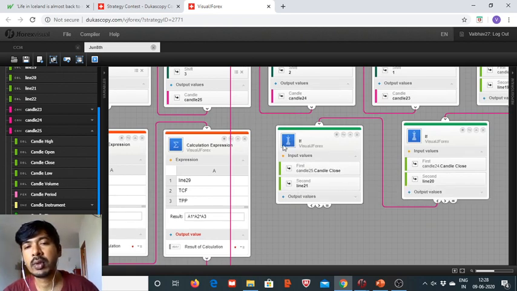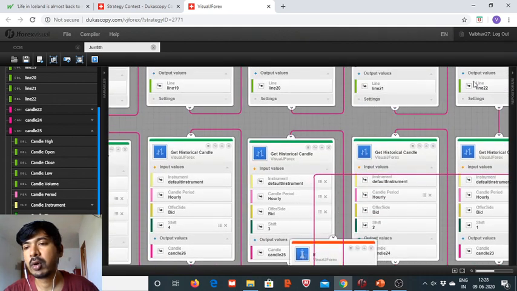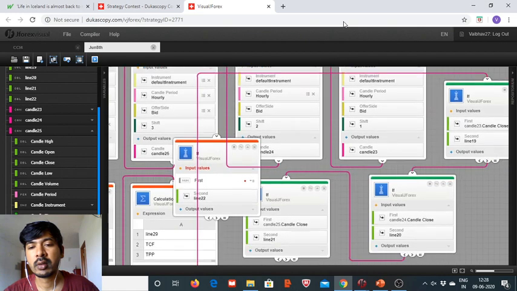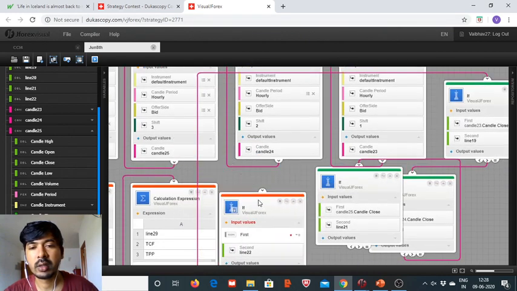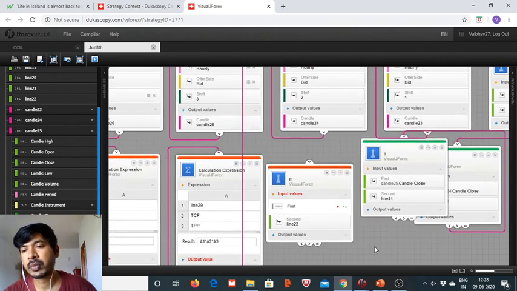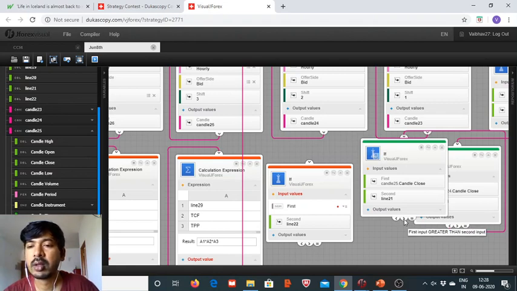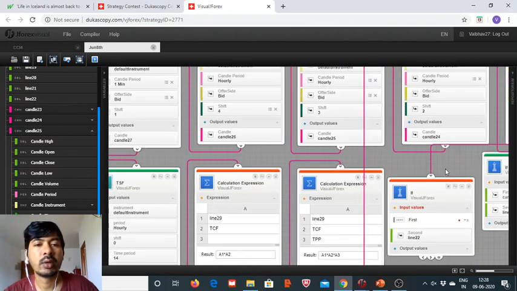So now we take another block here with line 22 data, and here it comes candle 25, and here comes line 21, and it should have first input less than second input, and then we will need candle 26 close, which should have also closed lower than line 22.